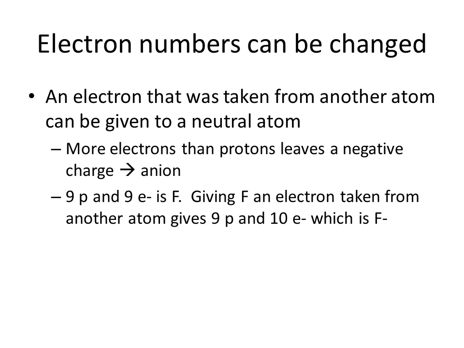An electron taken from an atom can be given to a neutral atom. That gives more electrons than protons and a negative charge. An ion formed in this manner is called an anion. An example would be neutral fluorine, which is 9 protons and 9 electrons.